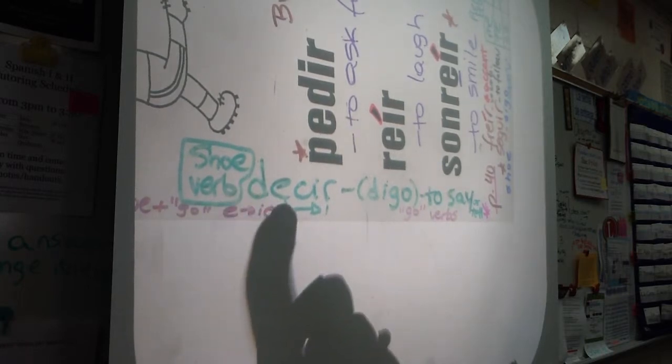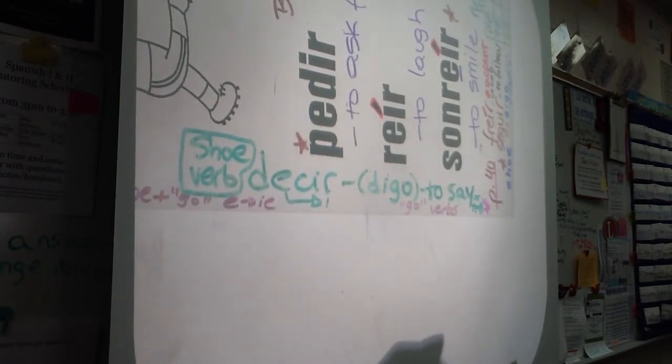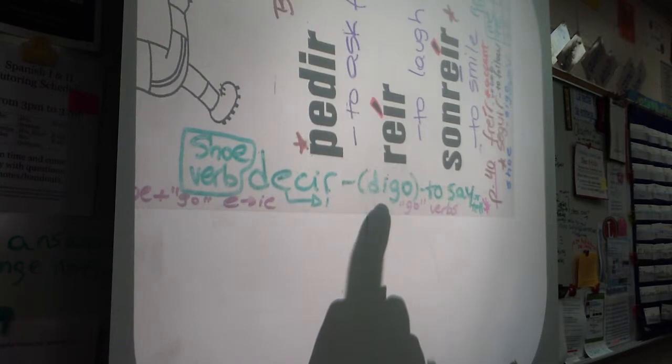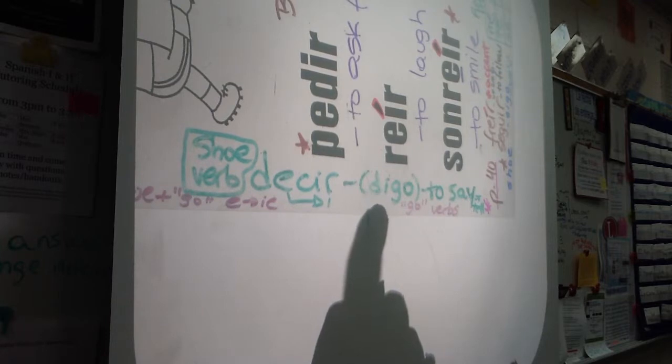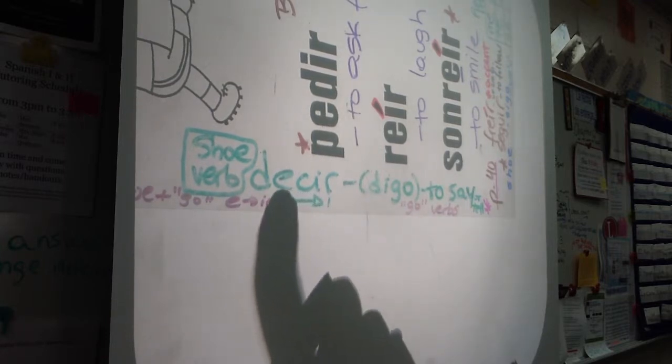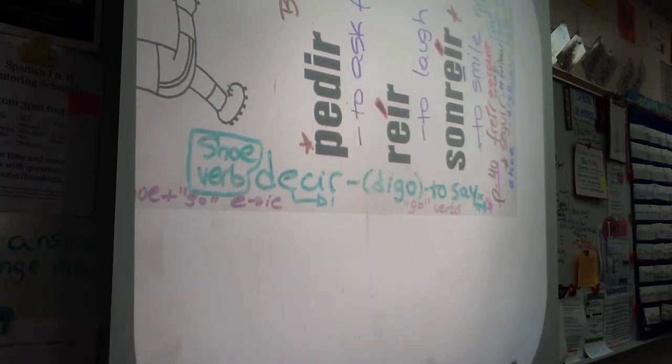So for decir, which is to say or tell, digo is the yo form. You still change your E to I. Sometimes you do, sometimes you don't. Like tener, you don't change E to IE or anything on the yo form. It's just a go change. Decir you do.